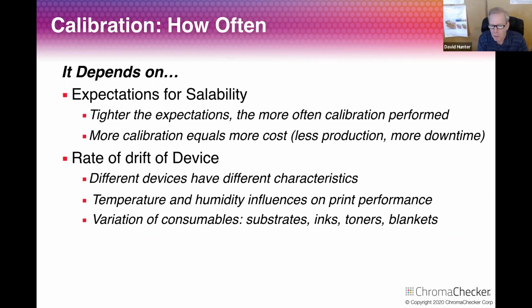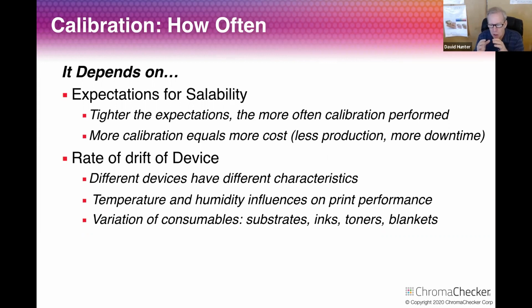Now, when we're working with a printing device, we need to understand what the characteristics are of that printing device in terms of what causes it to change the way it renders color. Some devices are susceptible to temperature and humidity differences. All devices are susceptible to differences in substrates and different inks and different toners.